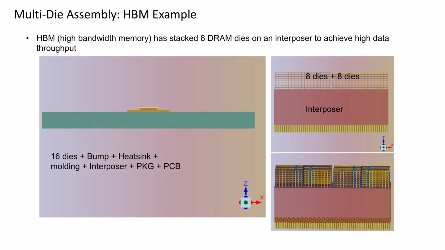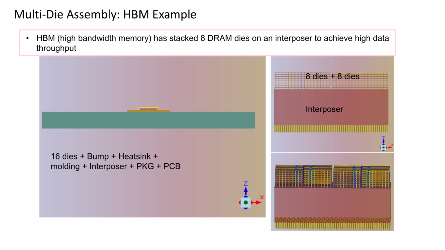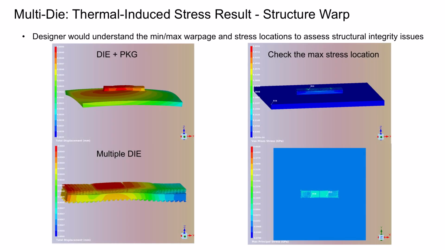Now, let us revisit the HBM system design we discussed in another session for thermal integrity. The same design with 8 stacked DRAM dies sitting on an interposer side by side is used here as an example. This multi-die configuration is ideal for exploring structural integrity and how heat and mechanical stress flow through multiple dies and interconnects. Here, the results of structural simulation help us detect two key issues of the multi-die system.